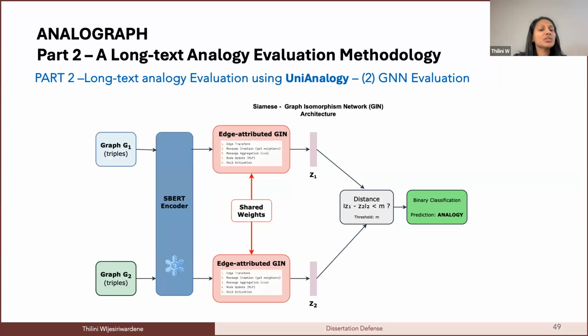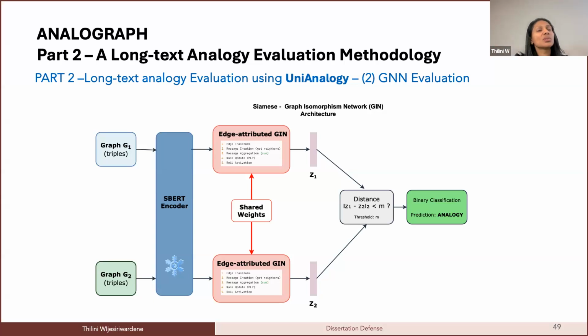So this is the GNN architecture that we used. We use a Siamese architecture because we are looking at two things together. So we have shared weights, and we specifically use this graph neural network architecture called graph isomorphism network. And it is edge attributed, so it takes into account the edge attributes. We do that because in analogies, edges are very important.